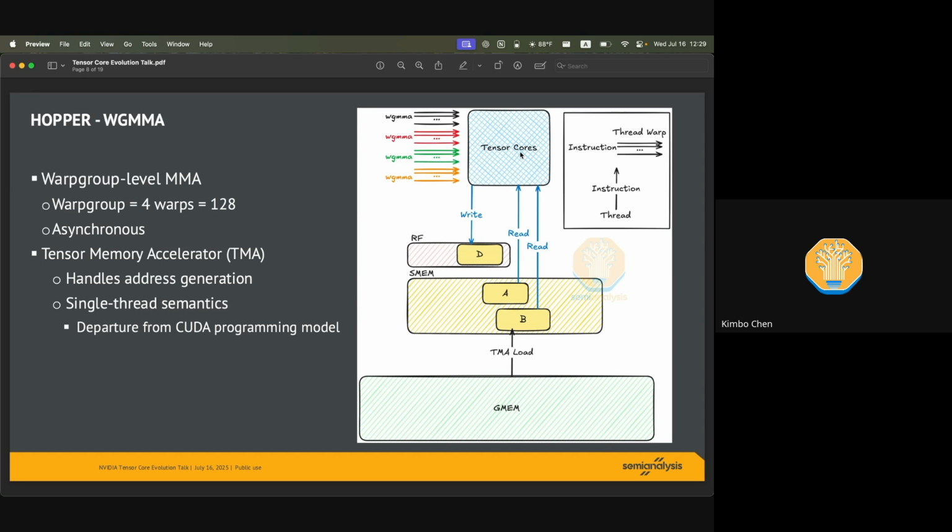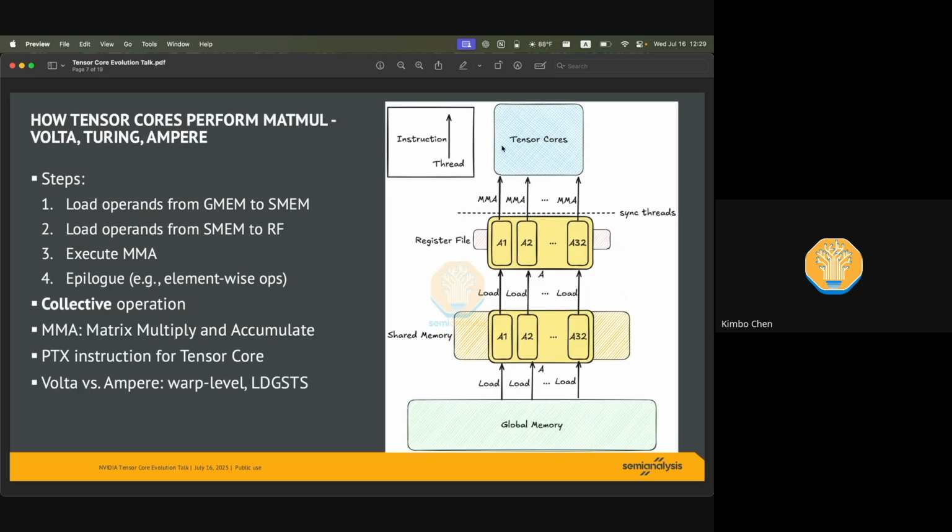I'm not sure for every feature whether they exist or not. One thing I'm certain of is that the features that I mentioned here all exist in the data center ones. The other thing is that MMA has always existed across different architectures.